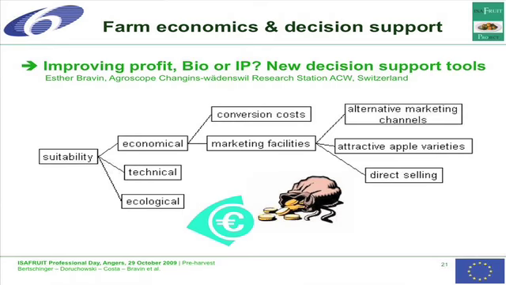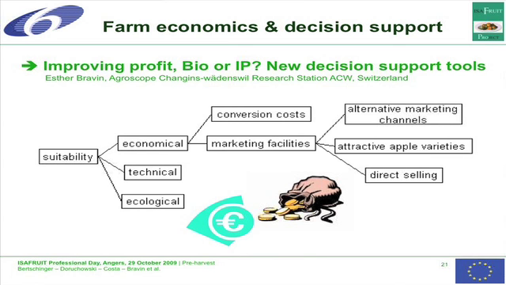The third element on which we focus for contributing to an improved orchard management, which meets the requirements of the society, is the farm economics and decision support, farm decision support. There I encourage you to participate and listen to Esther Brawin. In the afternoon she will talk about improving profit, bio, organic or integrated production, new decision support tools.